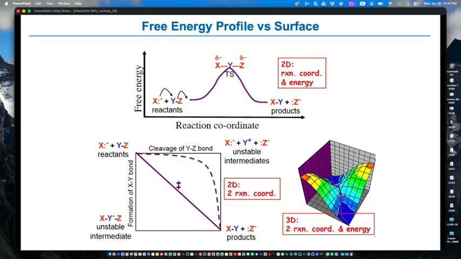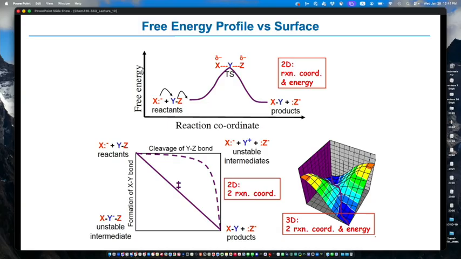So I've got my system set up, and what I'm trying to ask is, does X approach Y and Z break? Does it happen concerted? In which case, as A shortens, for every 1 angstrom I lose here, I gain 1 angstrom here.